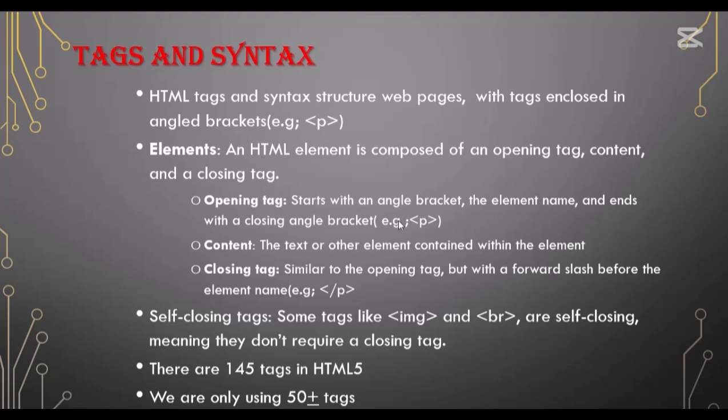So you're going to pretty much have an HTML tag, some content in it, and a closing tag. The closing tag is similar to the opening tag, but with a forward slash before the element name. Here we have it. So this entire thing is called the closing tag, not just this single bracket.